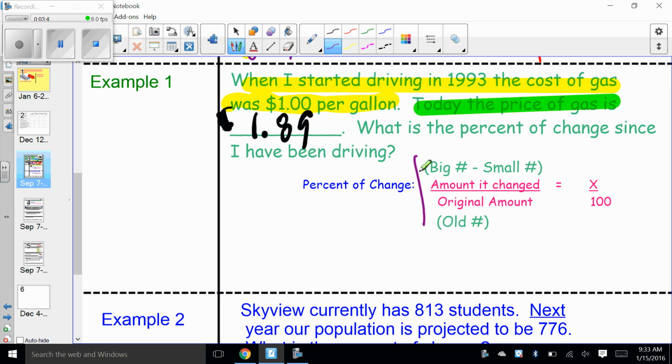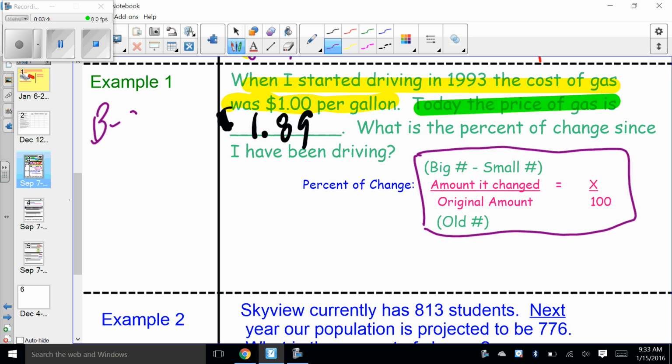We're going to use this formula, which I like to think of as B minus S over O, and then we have a percent on this side. The big number, the biggest of these two numbers, is $1.89.